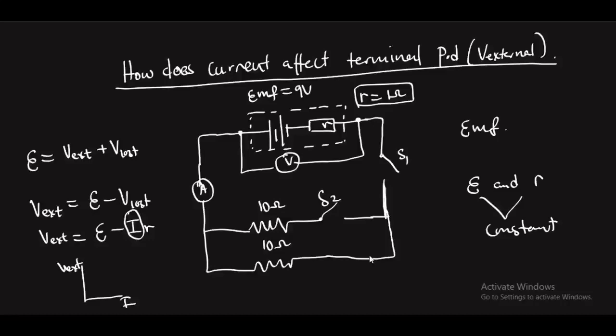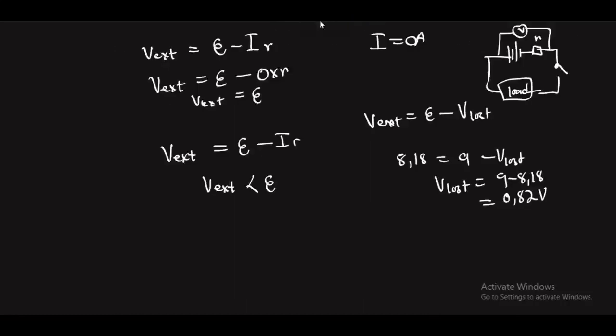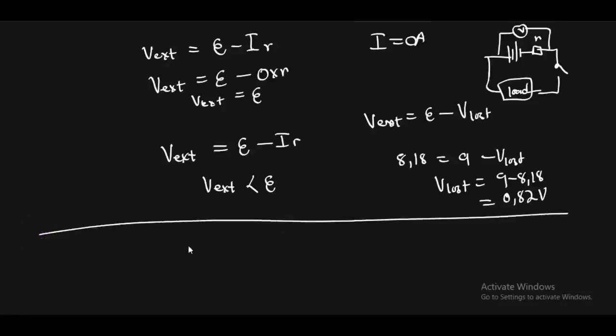So what do we know about parallel connection? We know that when resistors are connected in parallel, the effective resistance will be less than each of the resistors.